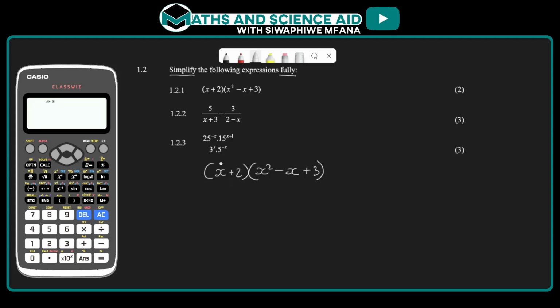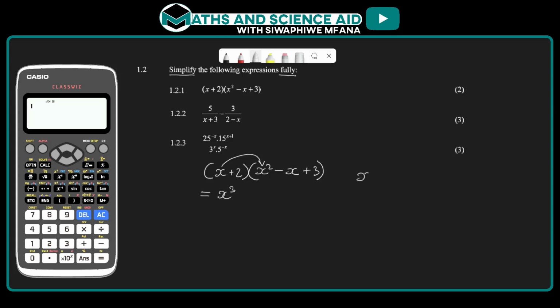So in order for us to expand this, we need to multiply x by x squared in the second bracket. And so this will be equal to x to the power of 3. And you can use laws of exponents to get that.